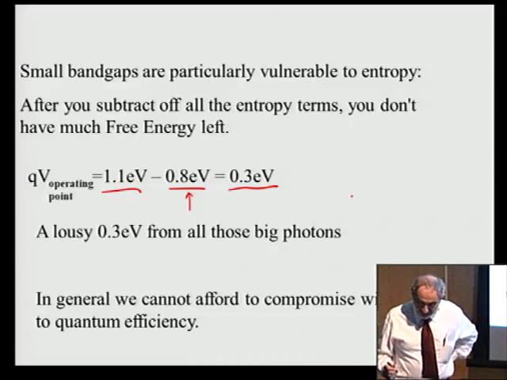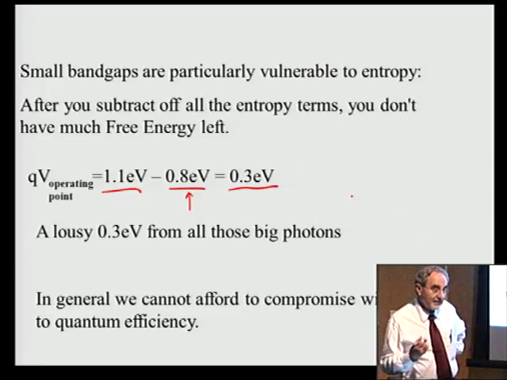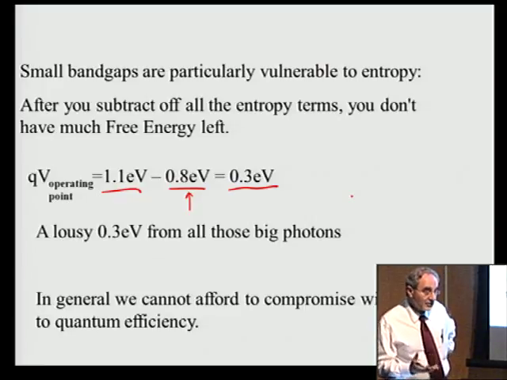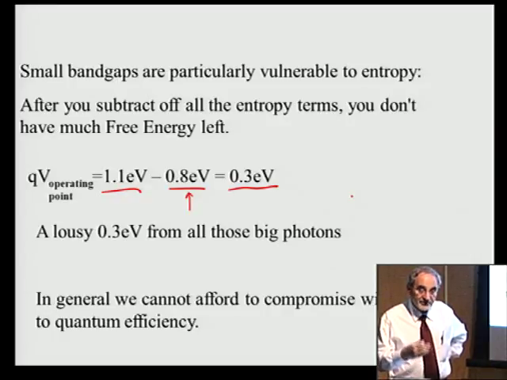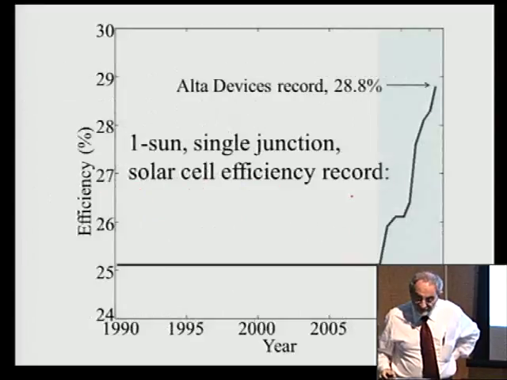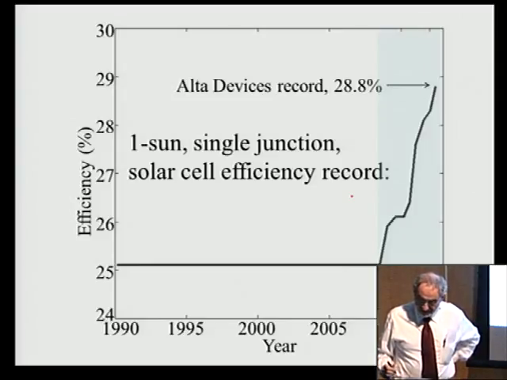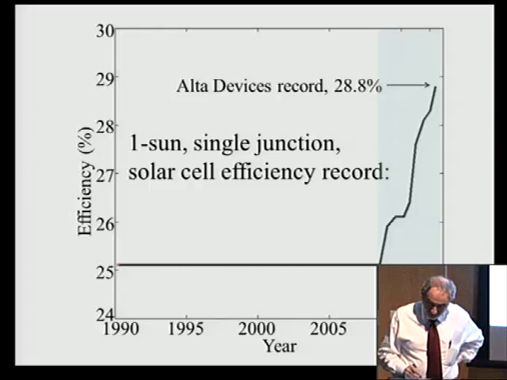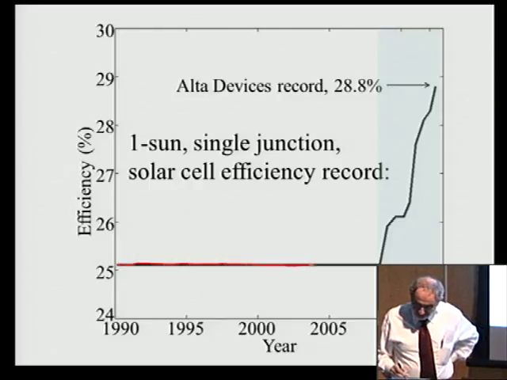And so I would say it's best not to have all these terms. The term that we can actually influence, we can choose a material that follows Shockley's prescription. Luminesce well. Do a really good job with luminescence. So what has happened over the past 2 years is that the solar cell efficiency record has jumped, and it was stuck at 25.1% for 17 years.